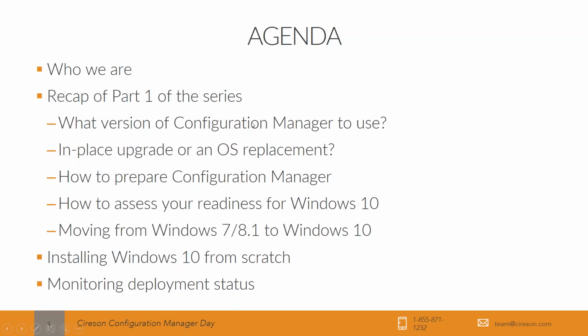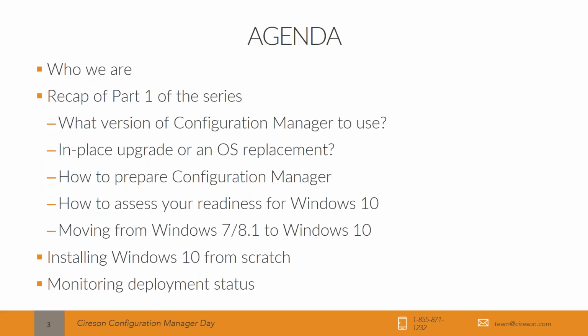Anyway, all right. So our agenda for today, I'll spend just a couple of moments on who we are as a company at Cireson. I know those of you that joined us last week heard this, so I won't spend a lot of time on it since you have already heard it, and you can go back on the recording and get that information if you want. And then I'm going to do as quickly as possible a recap of what we did last week. Now, some of you are probably thinking, well, why do that at all? Because you can go back and review the recording from last week, and that is true.